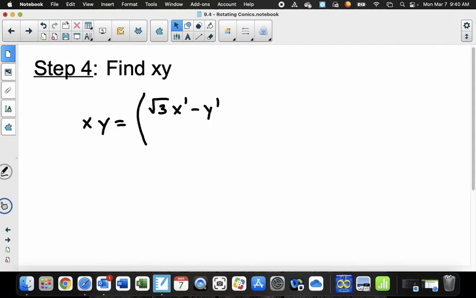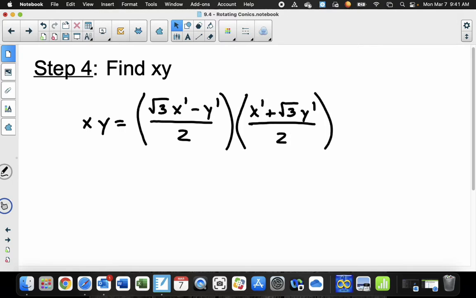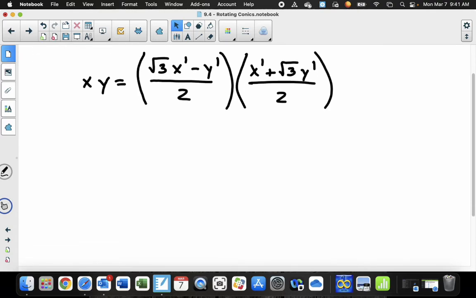Here's the x that we found times the y that we came up with. So we're just multiplying x by y. Again, one step at a time. xy equals.